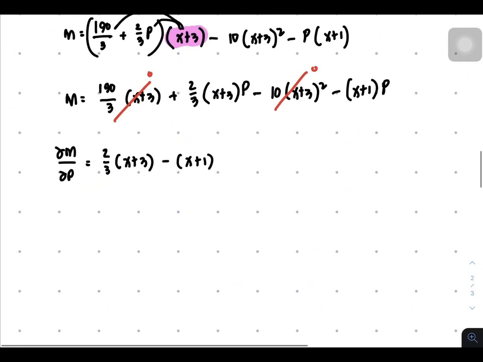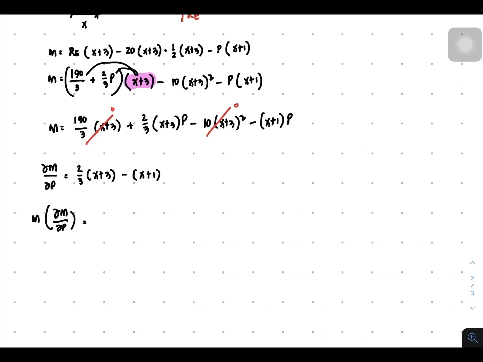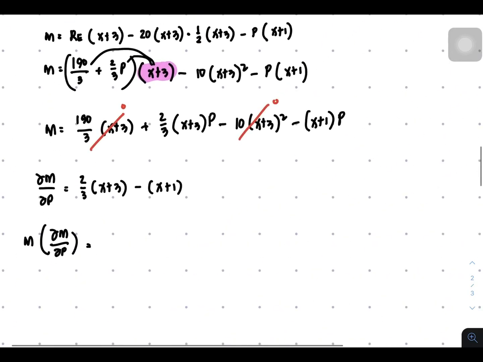Okay, so what we're going to do now is get the product of M times that partial derivative. So M, what is the M? So you copy. Even though it was set to 0 earlier, you have to copy that x plus 3 again.